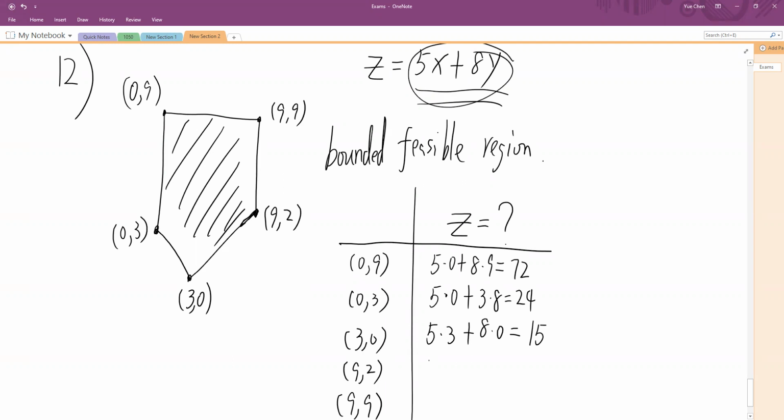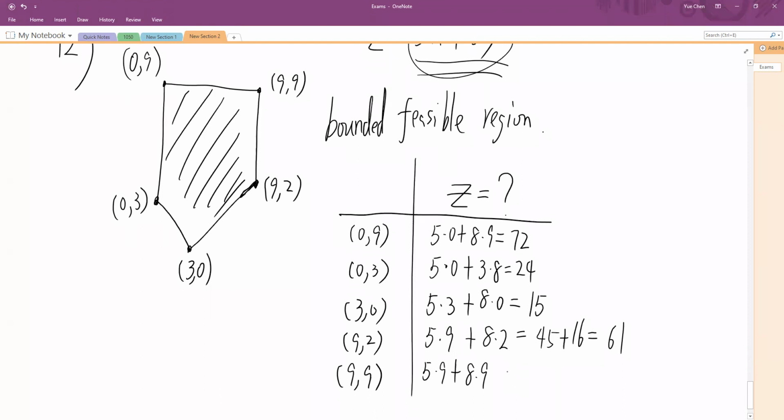And 5 times 9 plus 8 times 2. So this is 45 plus 16, which is 61. And this is plugging in 9, 9. So it's 5 times 9 plus 8 times 9. So this one is equal to what? Equal to 45 plus 72. So this is 117.